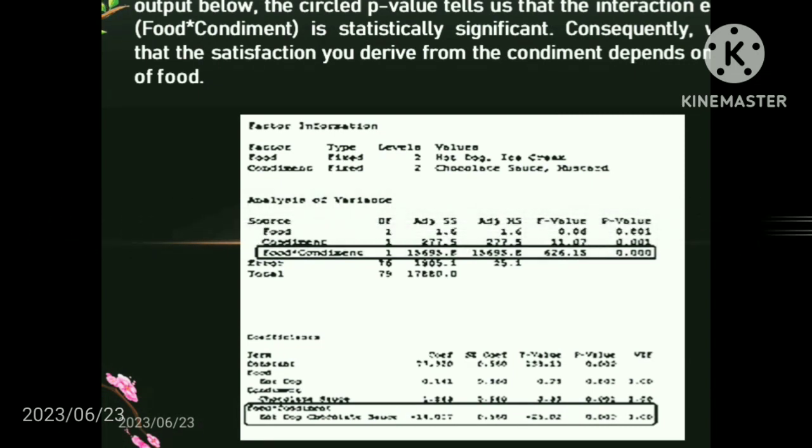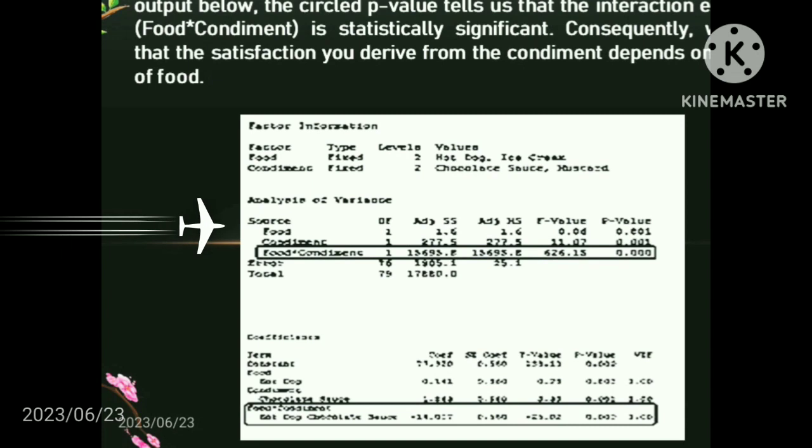Our condiment, which is chocolate sauce, our coefficient is 1.863. Our standard error of coefficient is 0.560. Our T value is 3.33. Our P value is 0.001. Our variance inflation factor is 1.00. And then in the relationship between food and condiment, which are the hot dog and chocolate sauce, our coefficient is negative 14.007.